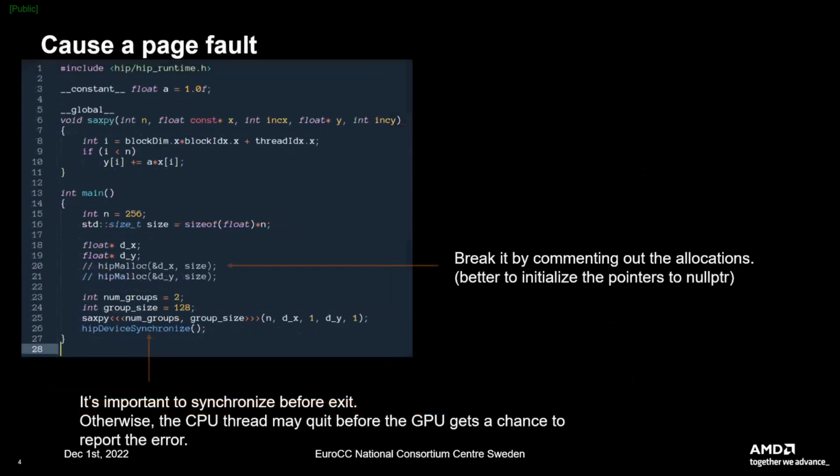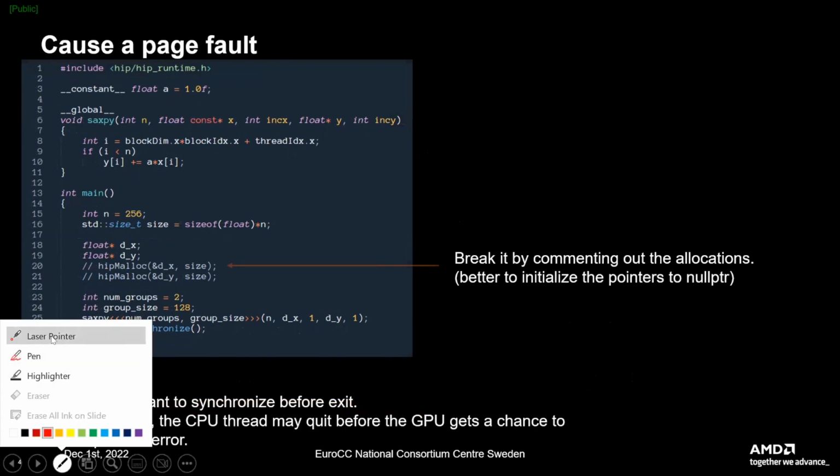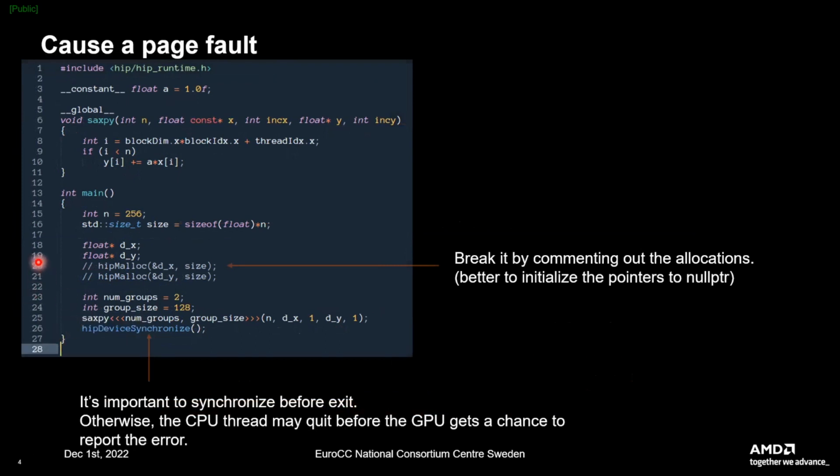So say for example, I'm going to intentionally break the code by commenting out lines 20 and 21. Let me see if I can actually use a pointer. Yeah. So at lines 20 and 21, I'm going to intentionally comment those lines out.